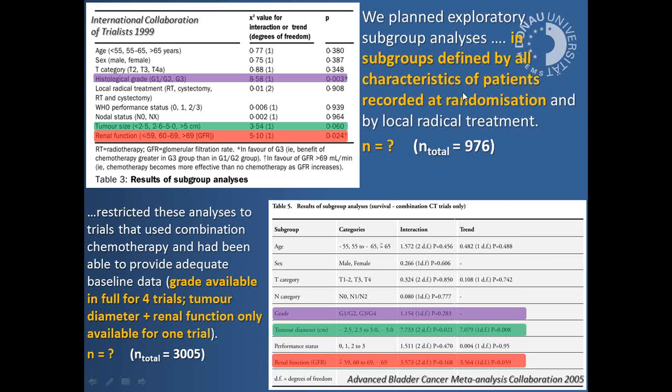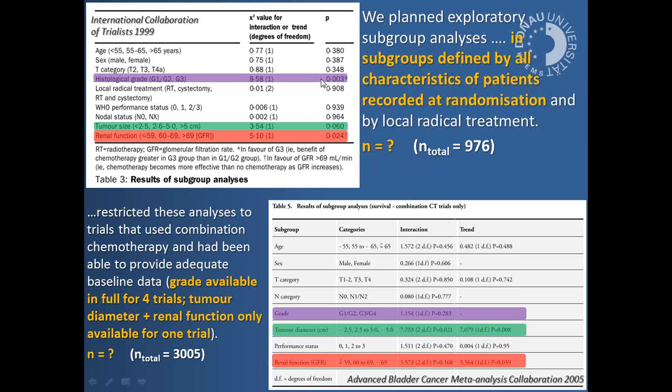But the problem is they reported: we planned exploratory subgroup analyses in subgroups defined by all characteristics of patients recorded at randomization. So we still don't know how many patients are included in this analysis, because sometimes data are missing and we really don't know who is included or not.